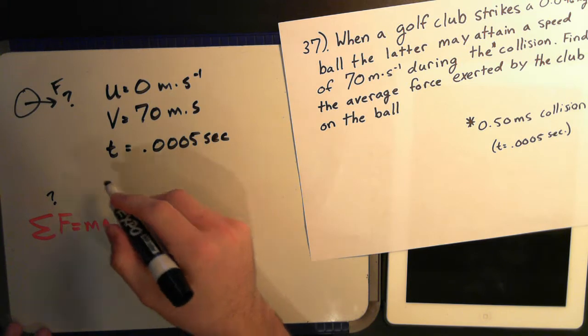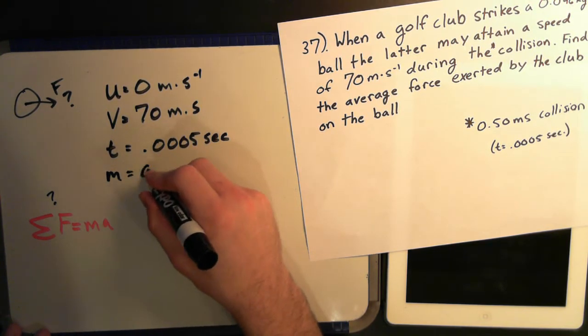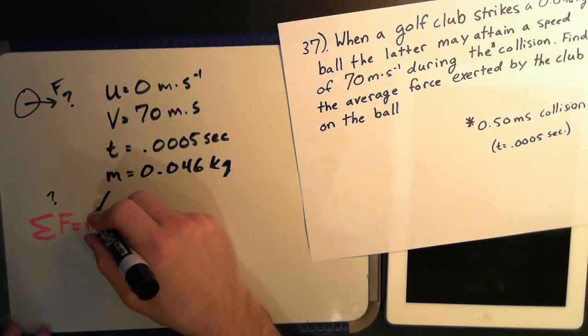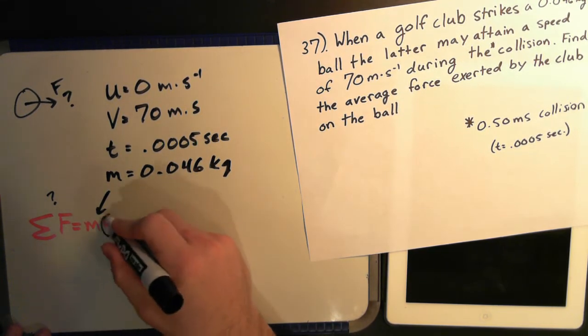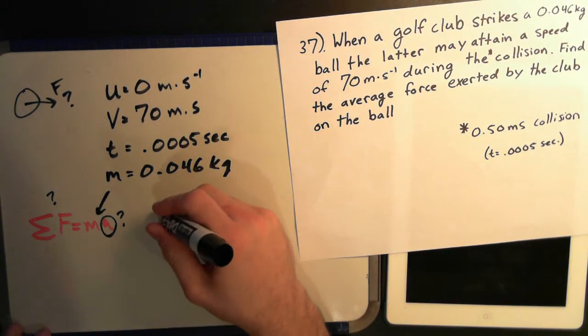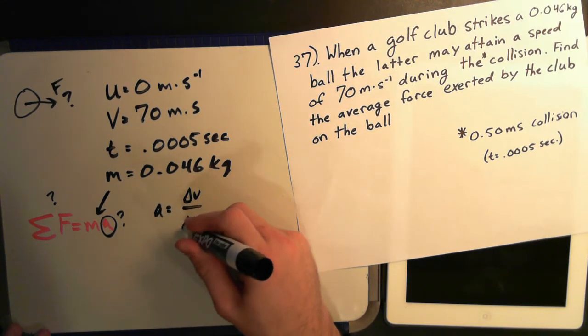We know the mass, that's one other thing. The mass is 0.046 kilograms, so we can get that mass in there. But what's our acceleration? We know the parts to the acceleration equation: acceleration equals delta v over delta t.